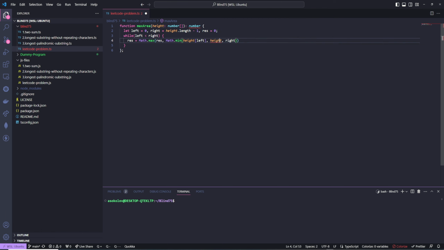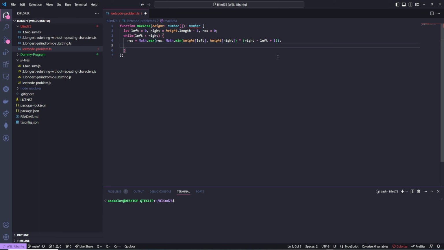That's going to be our shortest wall, where we're taking whichever one is smaller, and that's our height. Now our width is going to be right minus left plus 1, so we need to put this in parentheses. That's going to be our width. Okay, and that's our result.